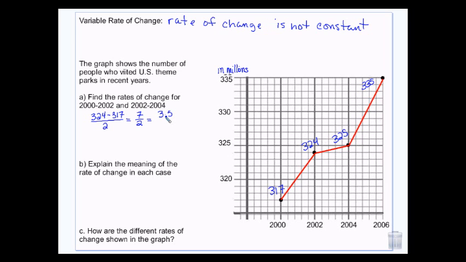Then if I do 2002 to 2004, I have 325 minus 324. Again, that's a 2-year difference. So that's 1 over 2, so that's 0.5. What's the meaning? Well, between 2000 and 2002, we have 3.5 million more visitors per year.